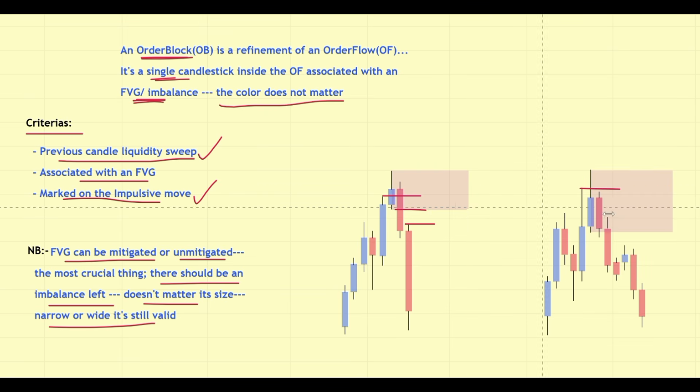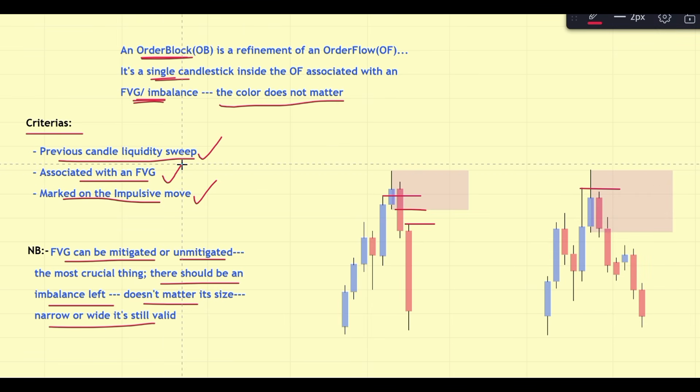It needs to be a single candle. So this bullish candle is the one that took out the previous high, but coming down to the second criteria, that it should be associated with a fair value gap, you can clearly see it does not meet criteria number 2. Right here, we can see that this next candle is the one associated with a fair value gap.